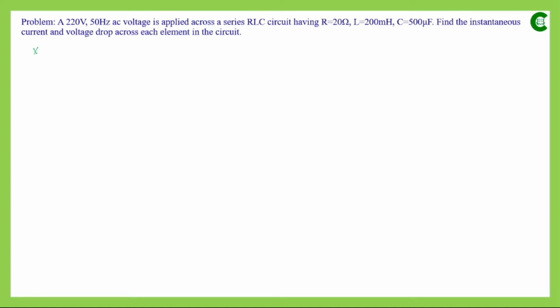First we can find the inductive reactance, XL, which is equal to omega L. Here omega is 2 pi f, multiplied by L. Pi is 3.14, f is 50 Hz, so 2 pi f will give us 314, and the inductance is 200 millihenry, so 200 multiplied by 10 to the power minus 3, and that will give us finally 62.8 ohm.